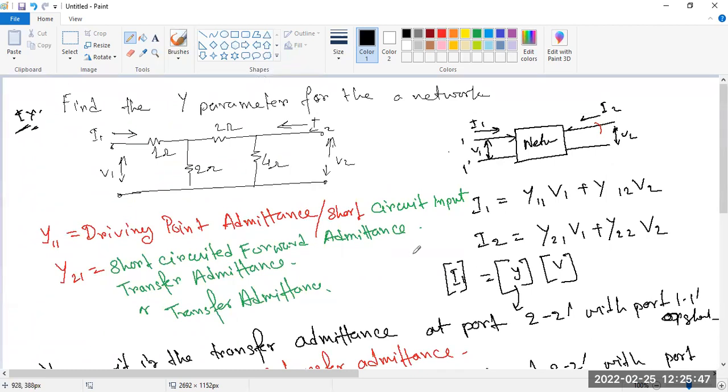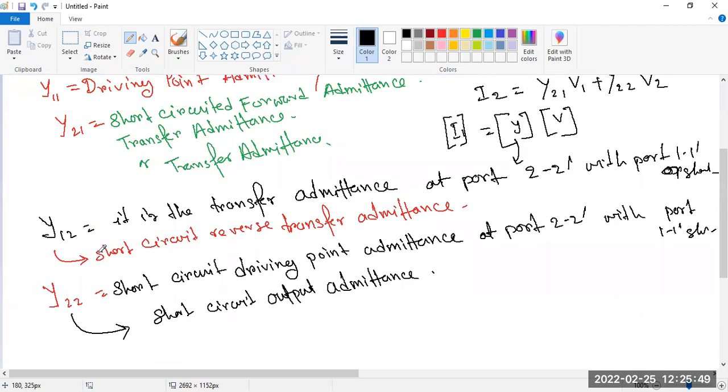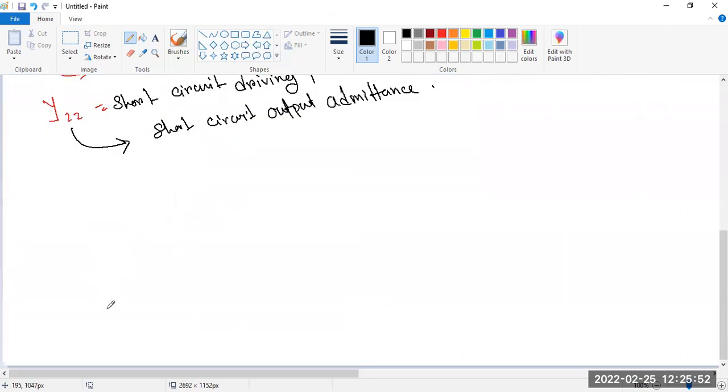Now we have to find Y11, Y21, Y12 and Y22 for this circuit. For Y11, we get I1 by V1 when V2 is 0, meaning short circuited. The circuit will not be the same.